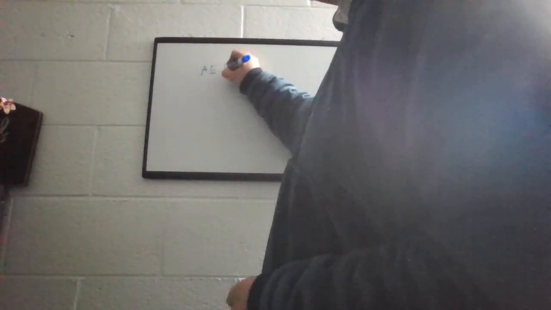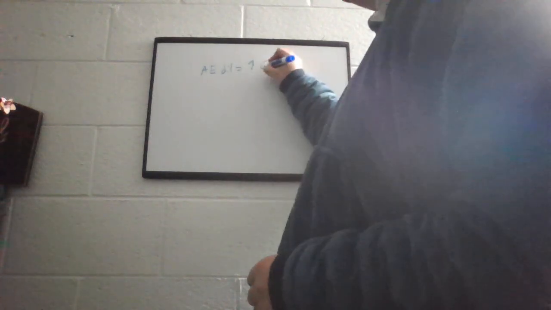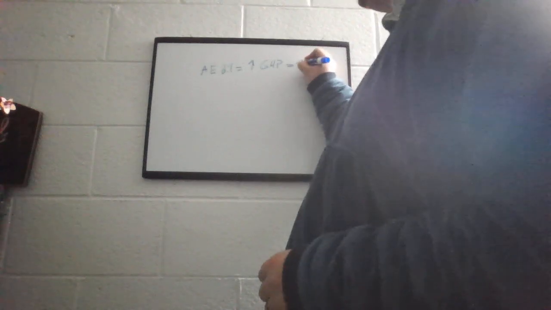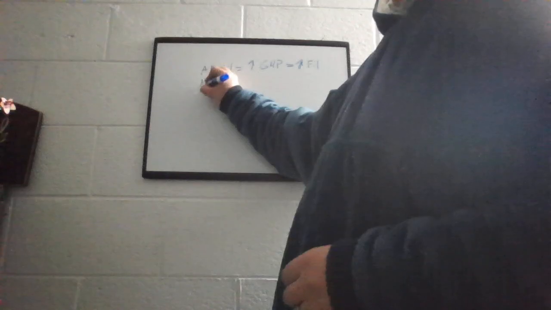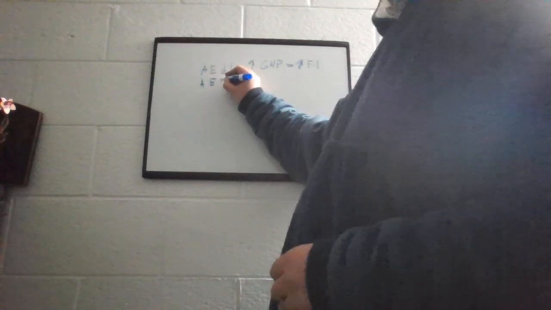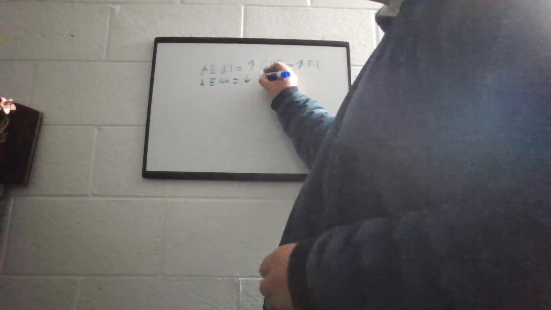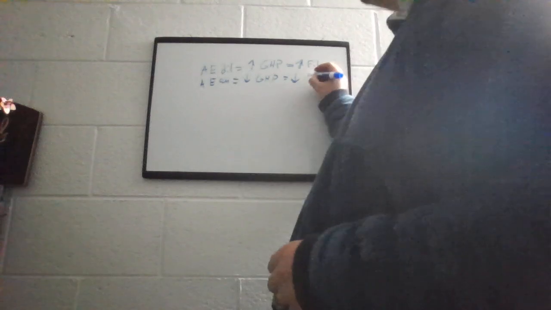Afferent arteriole dilation will increase GHP and thus increase filtration. Afferent arteriole constriction will decrease GHP and thus decrease filtration.